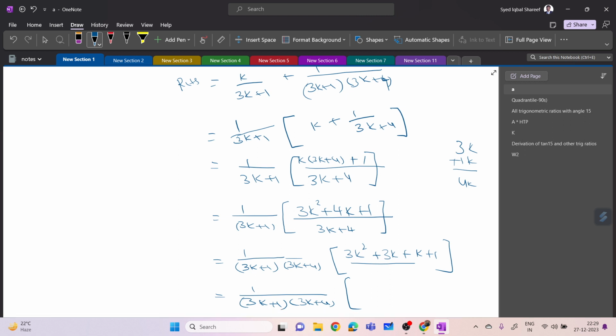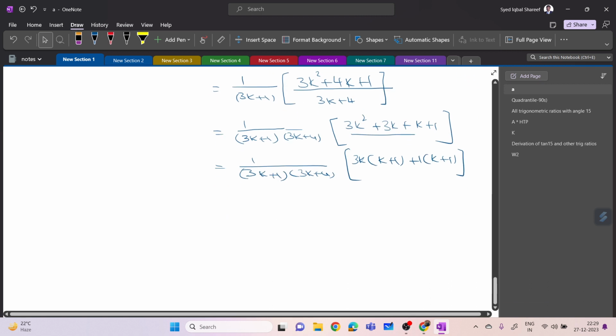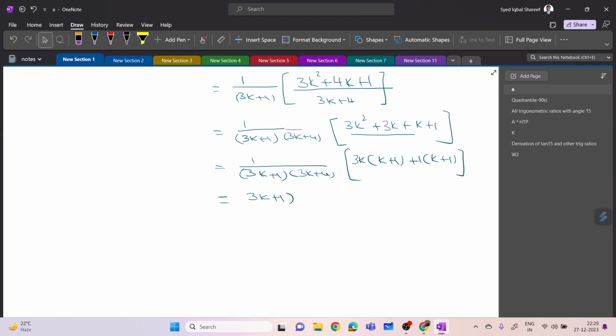If you take 3k common, we get 3k times (k plus 1) plus 1 times (k plus 1). So now k plus 1 is common, divided by (3k plus 1)(3k plus 4). The 3k plus 1 cancels. So k plus 1 by 3k plus 4.